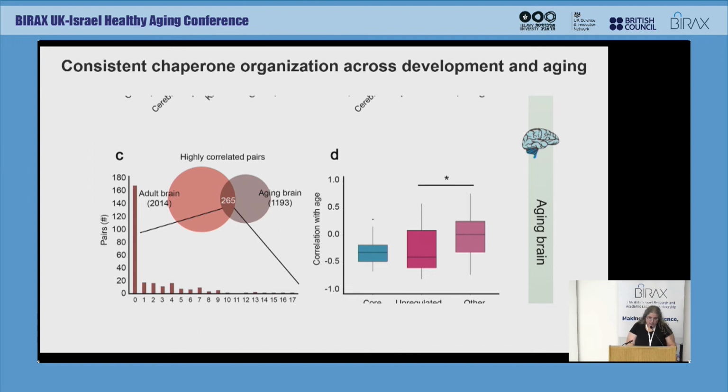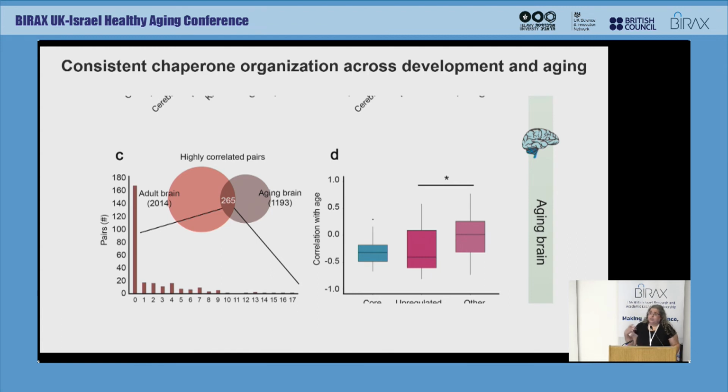Here we took another data set that looks at the aging brain and looked at chaperones in brain tissues whose expression changes over time. So we're looking at chaperones for which the expression either reduces or increases with age.